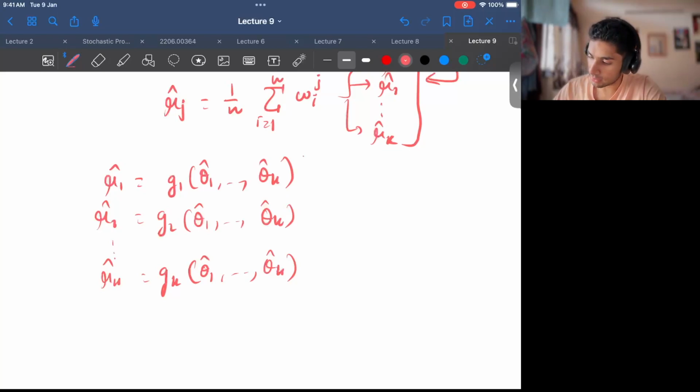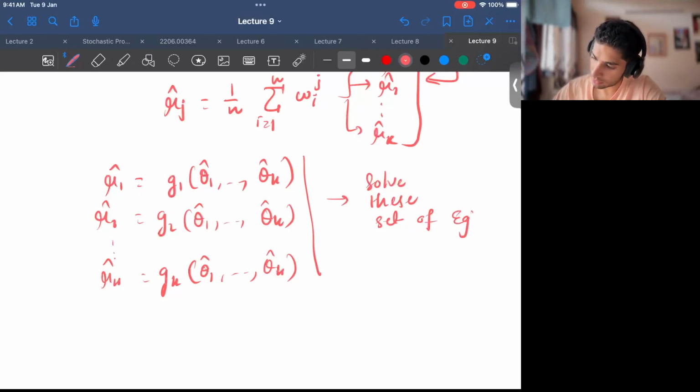So you solve this set of equations for theta 1 hat till theta k hat.